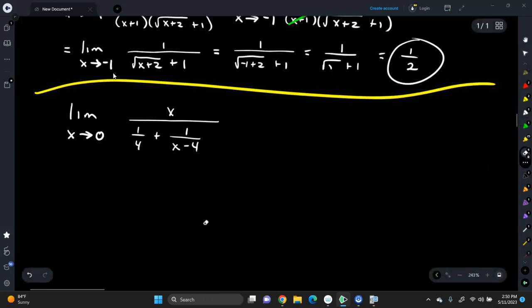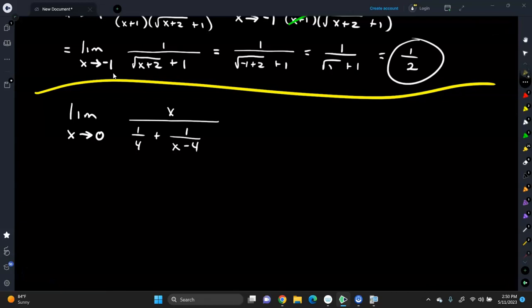Okay, we can't factor, and we can't multiply by the conjugate, but we can simplify it. So let's look at that. Let's multiply by the least common denominator.